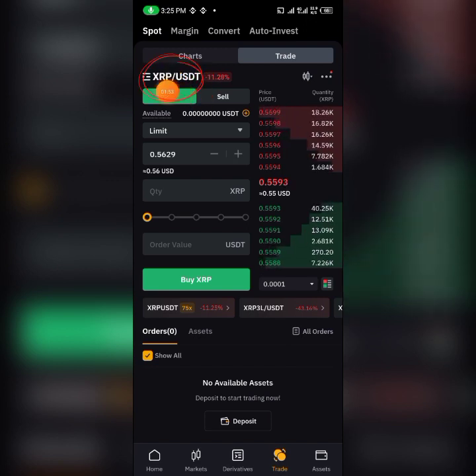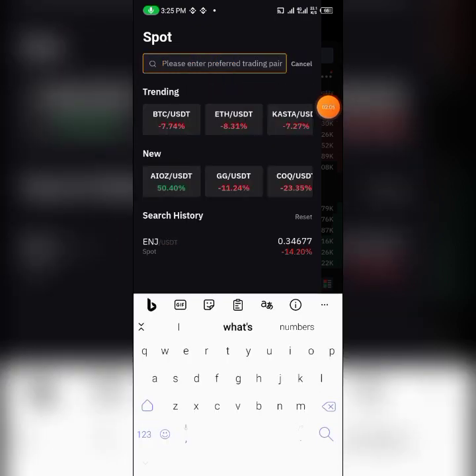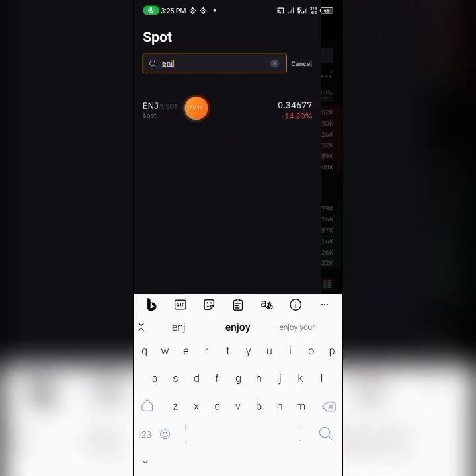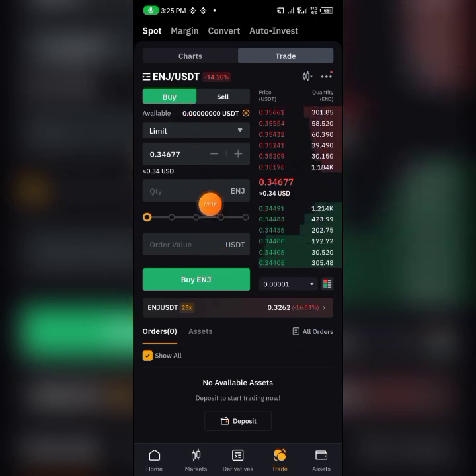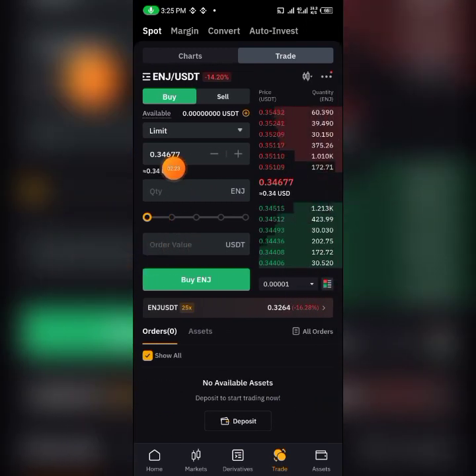So now you click on it. Over here you just enter the name of the coin that you want to trade. Let's say for instance we want to trade ENJ. So you click on ENJ. If you want to buy ENJ from Bybit, you leave it on buy.